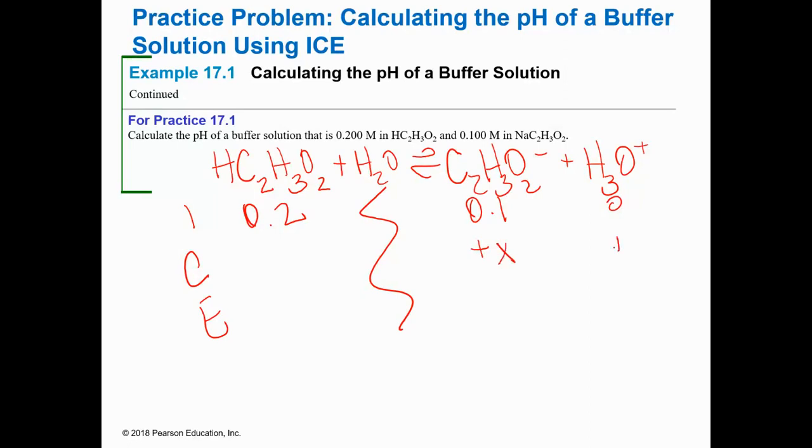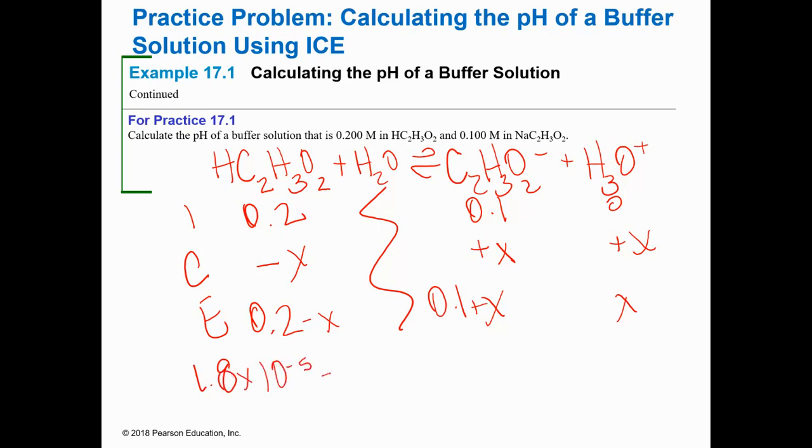So plus x, minus x, 0.2 minus x, 0.1 plus x, and then x. Again, our Ka is still 1.8 times 10 to the negative 5, but now it's equal to 0.1 plus x times x over 0.2 minus x. Okay, so remember, our plus and minus x disappear.